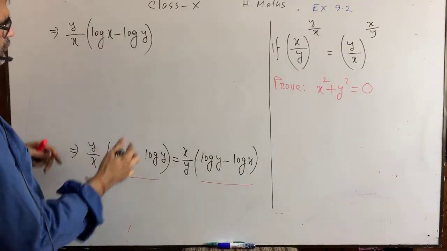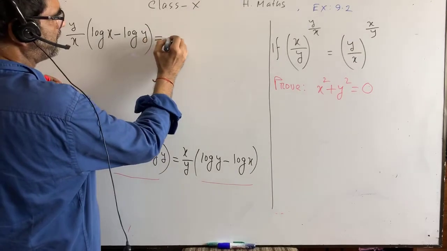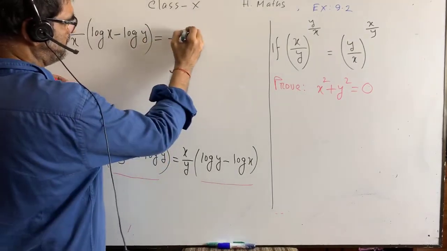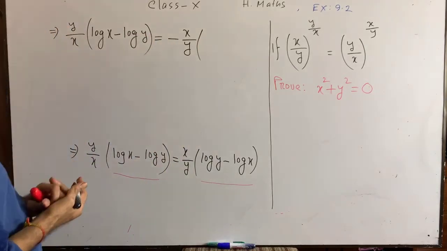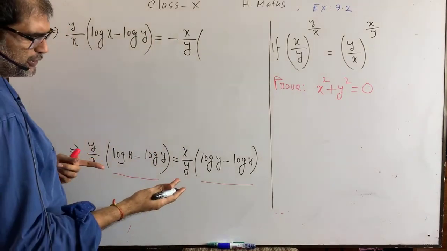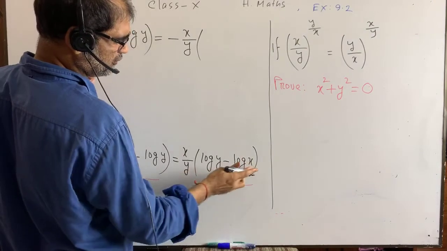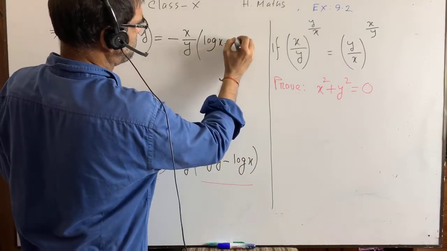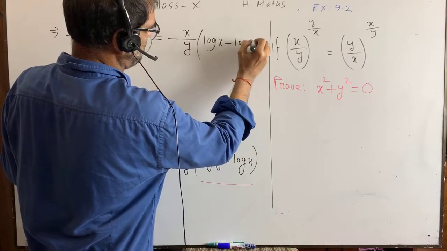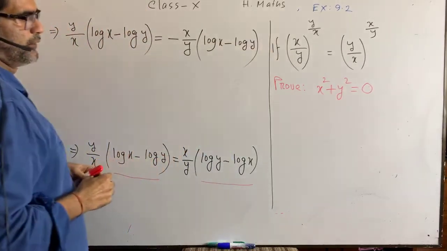So we take minus common here, then it is minus x by y. After taking minus 1 common, what are we left with? We are left with log x minus log y.